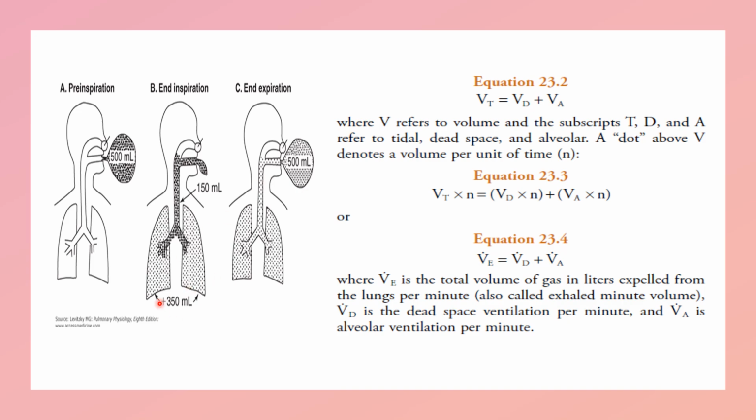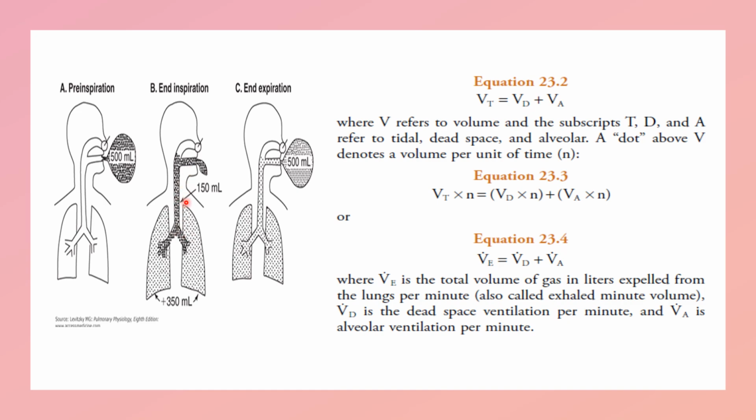No. We know that out of the 500 ml tidal volume, 150 ml will remain confined within the conductive zone. It will not take part in the exchange. So how much is taking part in the actual exchange and delivery of oxygen to the tissues? It is the amount which is not inside this conduit, the anatomical dead space.